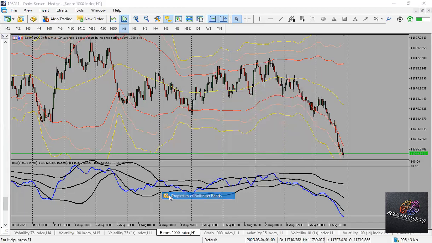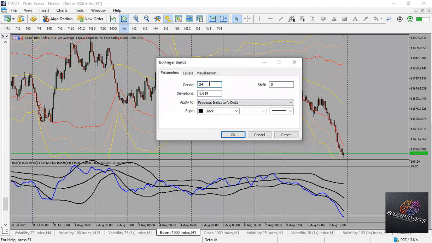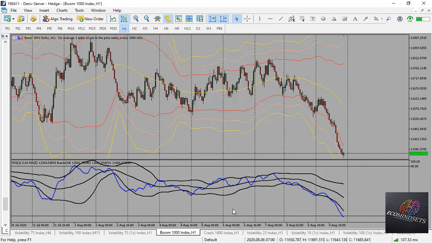The Bollinger Bands is period 34, deviation 1.619. Apply to previous indicator's data. Then you choose your own color or style that you want to use, and then you click on OK. Then the RSI.